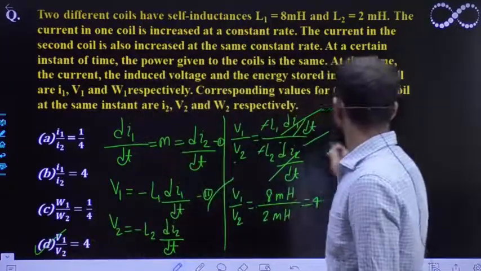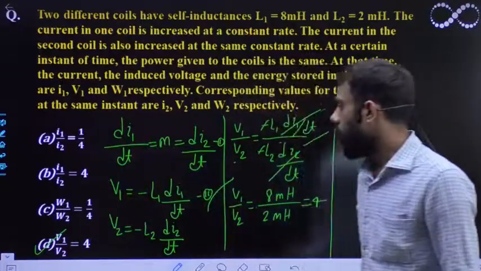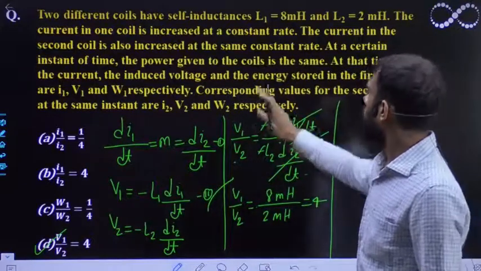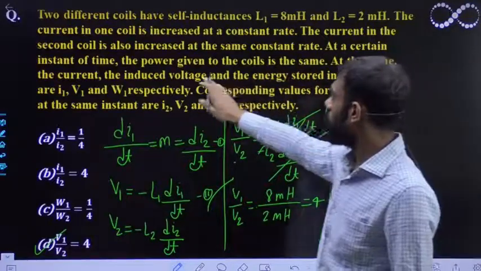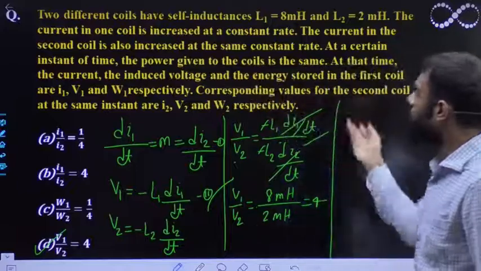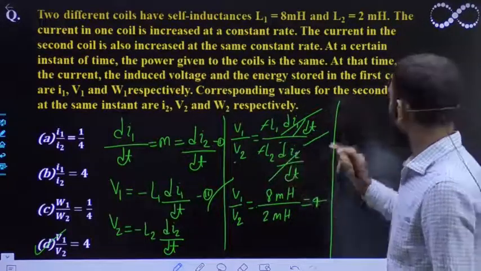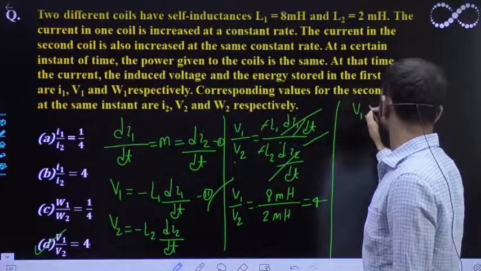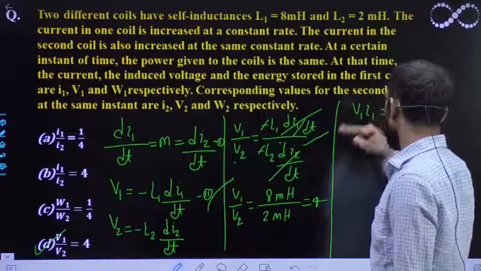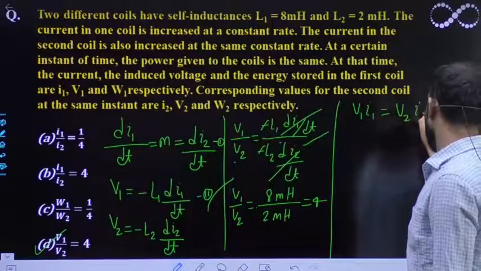Okay, three more options are there, I1 and I2, and W1 upon W2. So let us proceed to the next part. It is saying at a certain instant of time the power given to both the coils is the same. So let us equate the power here. Power will be E into I. So I can say V1 into I1, this is the power of the first coil, and the power of the second coil will be V2 into I2.